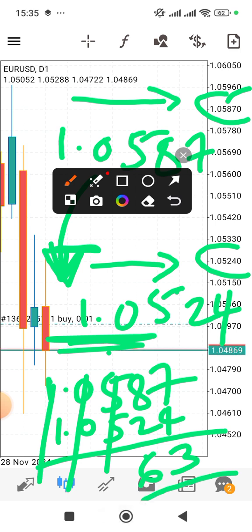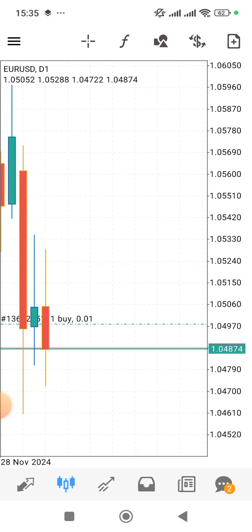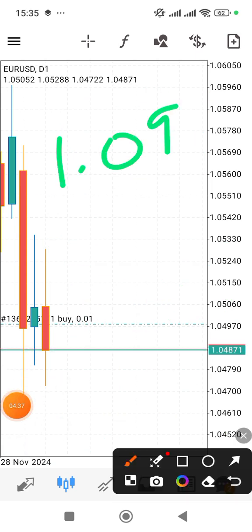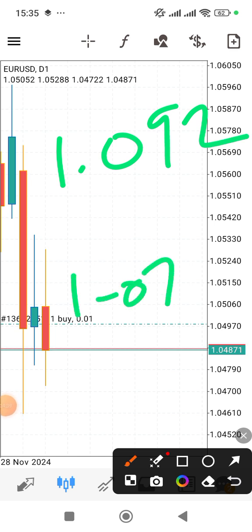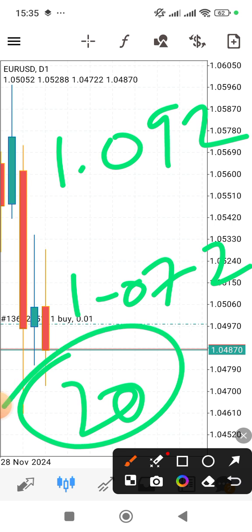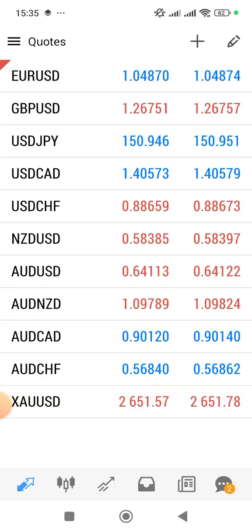So it's 63 pips. You don't even really need to be doing all this mathematics. You can just use your head knowledge to calculate it. If something moves from 1.092 to 1.072, what's the difference? You know it's 20. So it's 20 pips. Alright, so that's it. Then you move into the next concept.